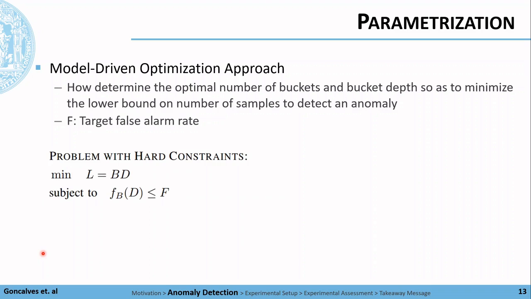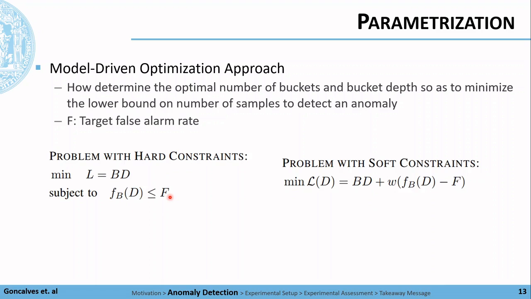We want to minimize the lower bound of the true positives subject to a target false alarm rate of F. Alternatively, the problem can be formulated through the corresponding Lagrangian. More detail about the model and the optimization approach can be found on paper.